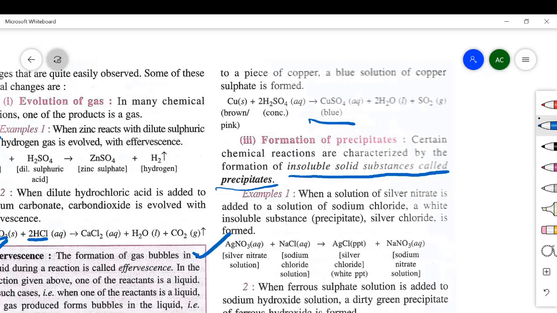This is also a type of reaction known as double displacement, which we'll study in types of reaction. Here silver nitrate aqueous solution is added to sodium chloride aqueous solution, which will give you a silver chloride white precipitate. White precipitate of AgCl will be seen, and sodium nitrate in aqueous solution will also be formed.